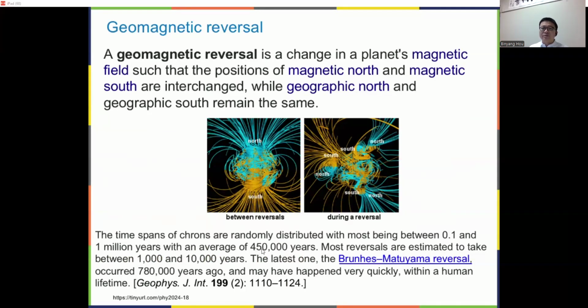The reversal itself is estimated to take about 1,000 to 10,000 years. When that happens, the field would look something like this, and your compass will likely not work very well because the magnetic field is quite distorted rather than uniform as we have right now.